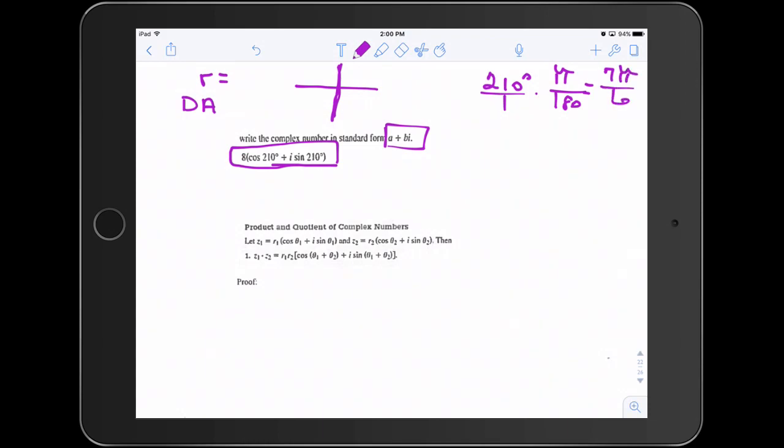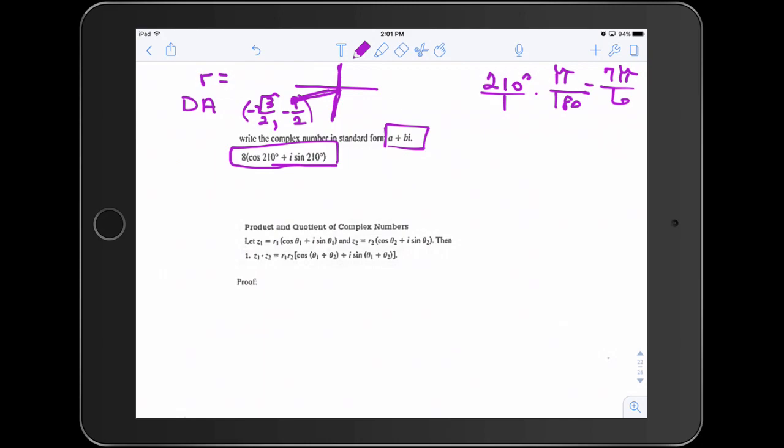So that lets me know very quickly that I'm going to be right here, at that point right there. And that point is going to be negative square root of 3 over 2 and negative 1/2 on the unit circle. This tells you how much you've been liking radians, because when I hear a radian, I can tell the point on the unit circle really quick, but when I hear 210 degrees, I don't think of it as quickly.